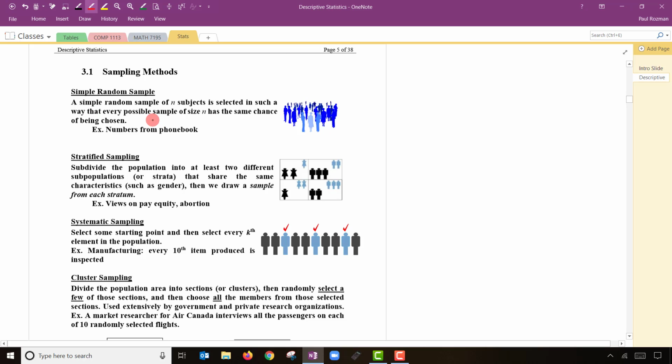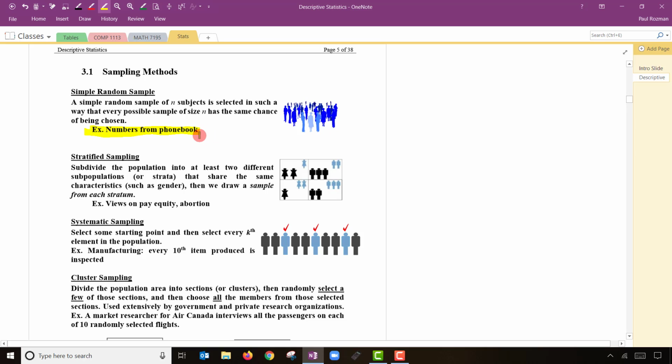The simple random sample is the one we all know and love. Basically, put everyone's name in a hat and start drawing names. Everyone is equally likely to be chosen in that situation. I took my example from an old textbook, obviously.